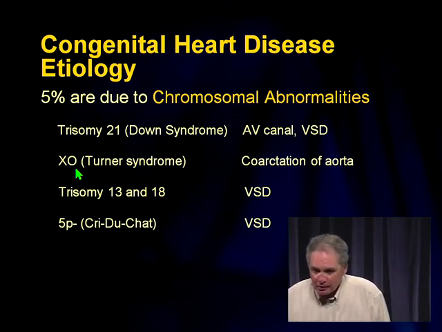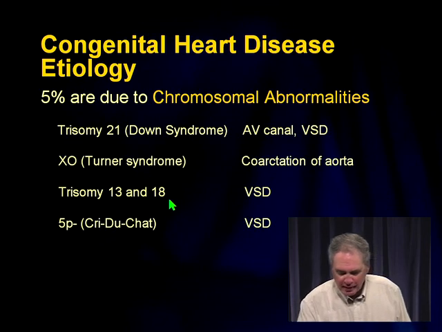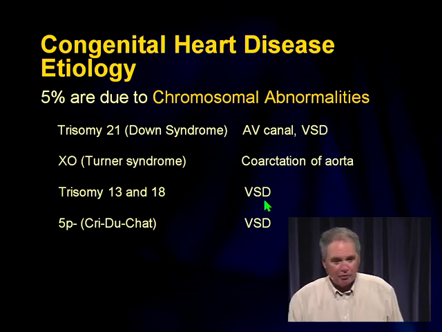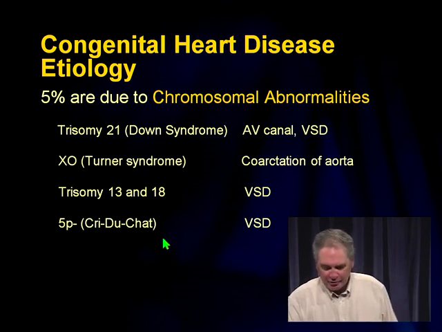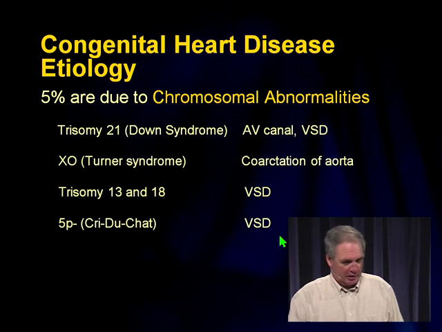You must know about trisomy 13 and 18 and the association with VSD. Every pediatric board review course talks about Cri-du-Chat syndrome and its association with VSD, though I would be surprised if that appeared on the boards. But the first three, for sure.